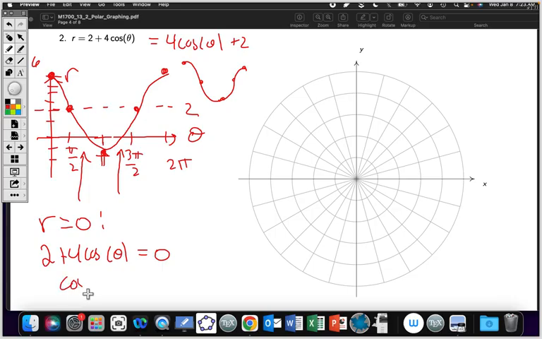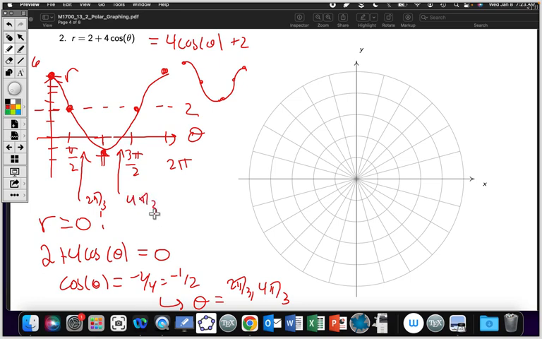So that would give us that cosine of theta would be minus 2 over 4, or minus a half. So where's cosine minus a half? Well, either quadrant 2 or quadrant 3, that's going to happen at 2 pi over 3 and 4 pi over 3. So these are things we're going to have to watch out for here. 2 pi over 3 and 4 pi over 3. So we'll see how that actually figures in to our graph.